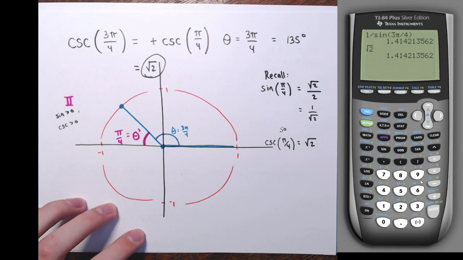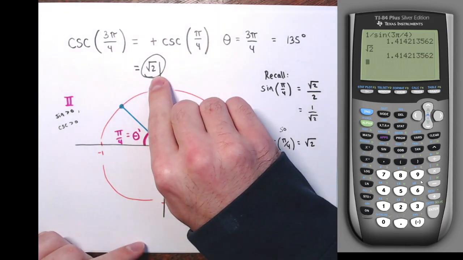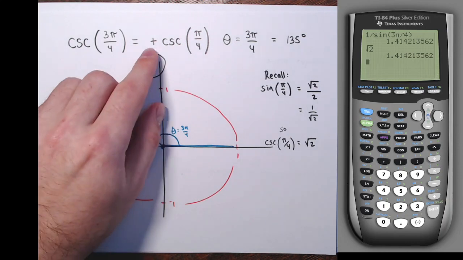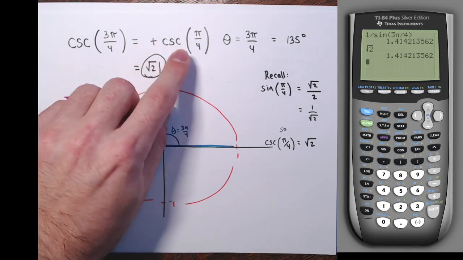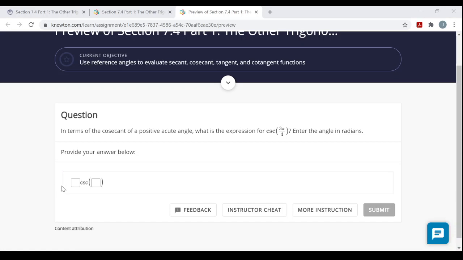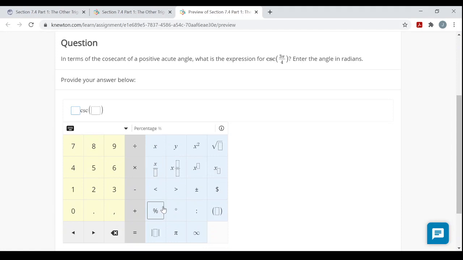So this was correct, using the reference angle. Now, they didn't ask for the square root of 2 in the assignment. What they asked for was, do I use a plus or minus sign? And what's the reference angle?